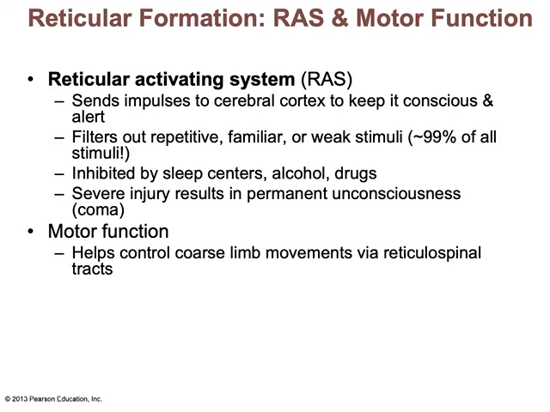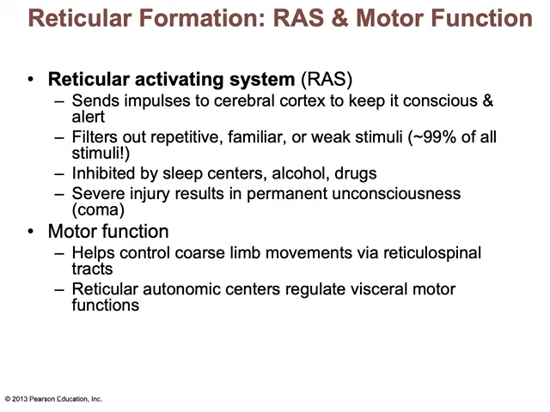Okay? Motor functions, it helps control coarse limb movements through the reticulospinal tract, and reticular autonomic centers are going to regulate visceral motor functions. Examples include the vasomotor centers that control vasomotion and blood pressure, and the cardiac center that controls the rate and force of heart contractions.